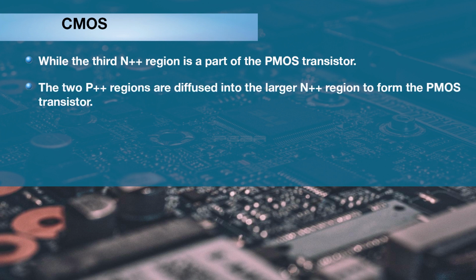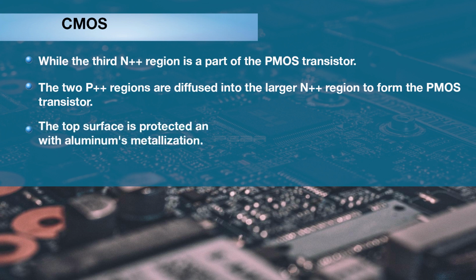The two P regions are diffused into the large N region to form the PMOS transistor. The top surface is protected and covered using a silicon dioxide layer, SiO2, with aluminum metallization.